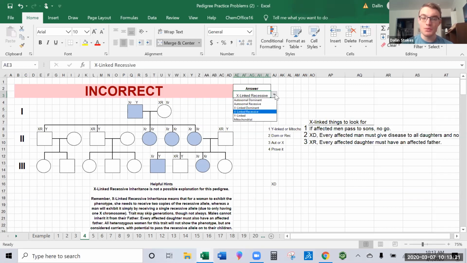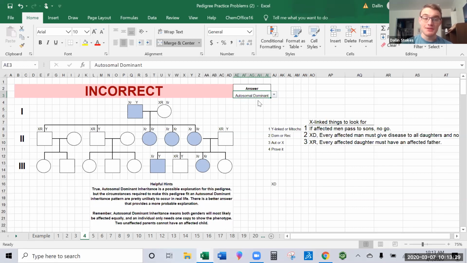Let's come in here with one like autosomal dominant that could be possible. In this case, it tells you that it could be possible, but there's a better explanation. So the first paragraph says true autosomal dominant inheritance is possible, but there's a better explanation, and then tells you the autosomal dominant rules. So each of these problems is designed like that. I've worked them all through so that I found all of the possibles and the most probable answer.